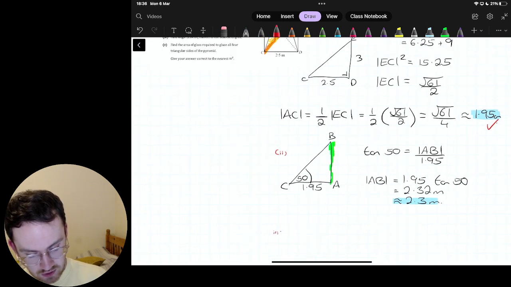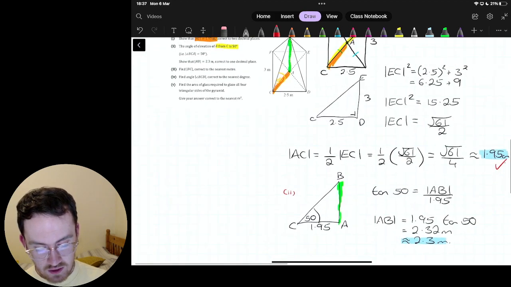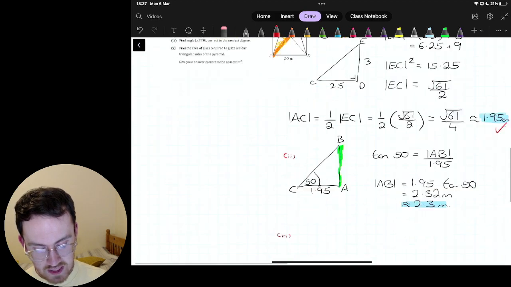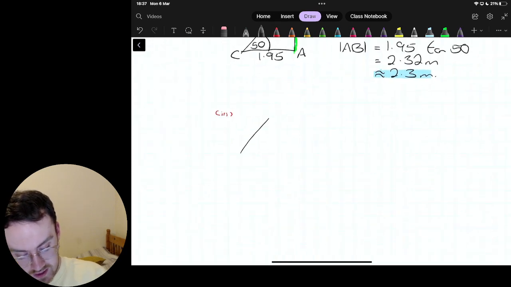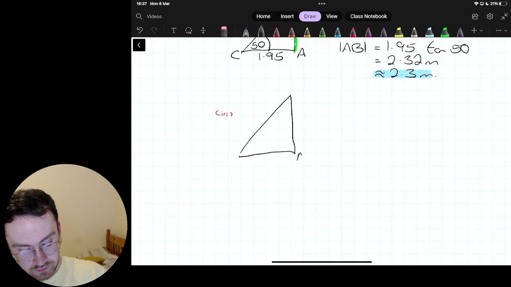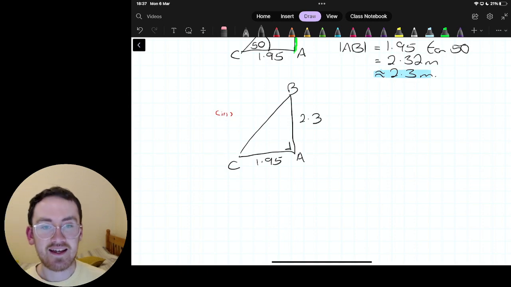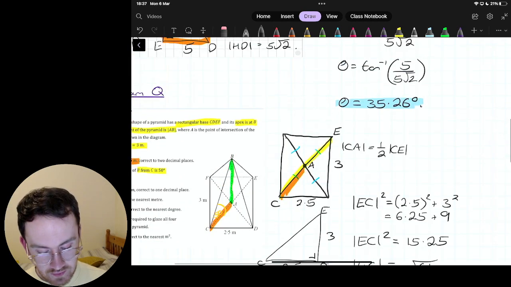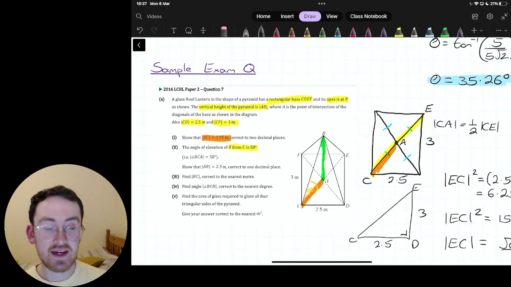So looking at part 3, find BC correct to the nearest meter. So let's have a look. Same triangle again. We're sticking with this triangle. We have this as 1.95, we have this as 2.3, and we should know that this is a right angle, because looking at our diagram, we're told that A is directly underneath the apex of the pyramid.